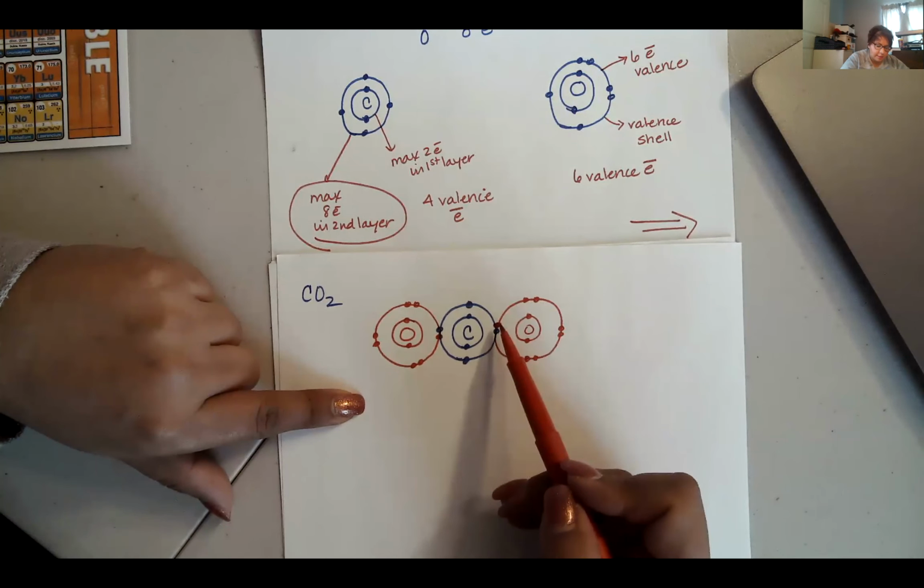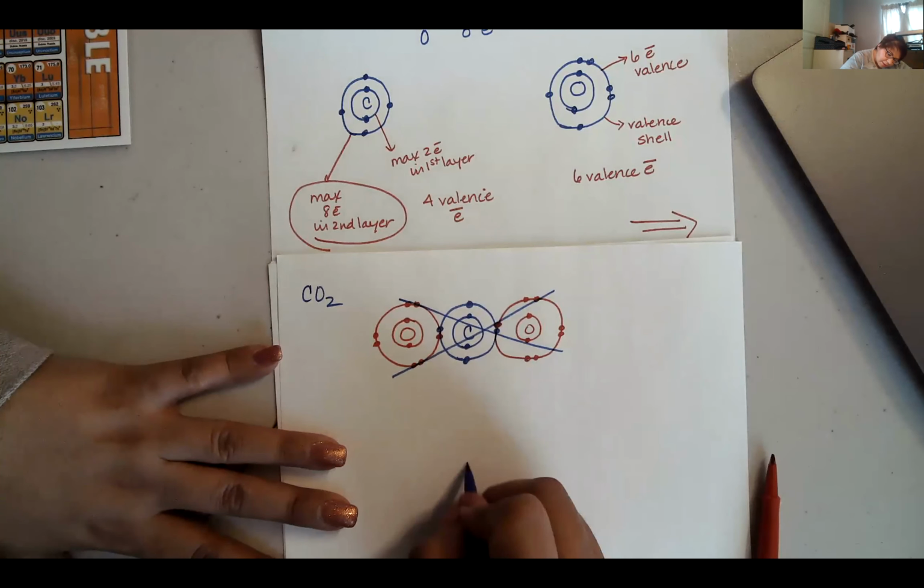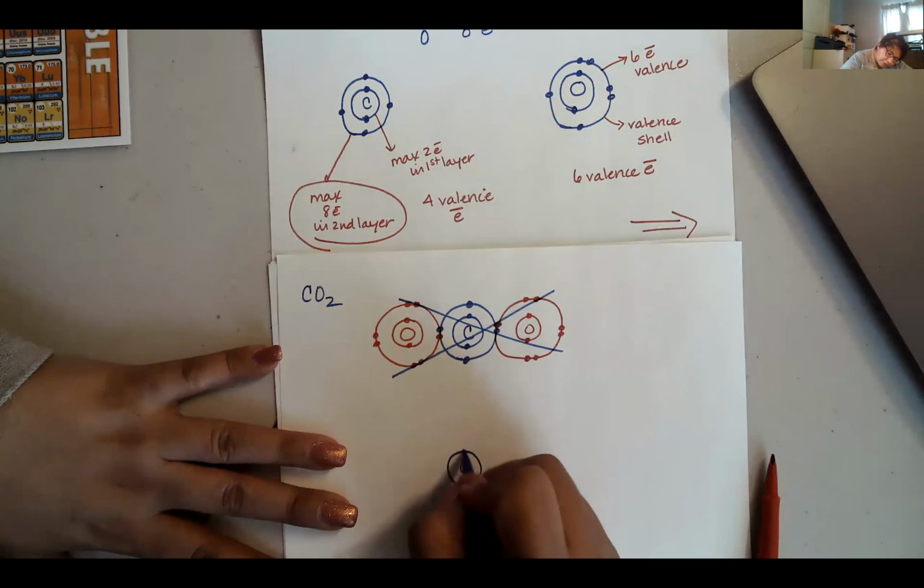I just realized I drew my picture wrong. Holy cow, I totally drew that wrong. Let me do it this way. I was more worried about lining up my circles than I was about drawing them correctly.